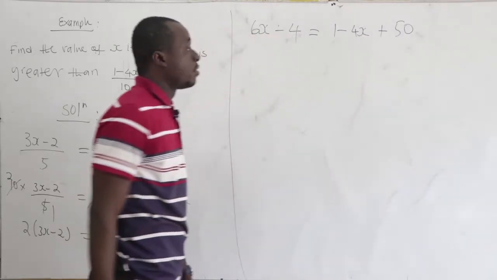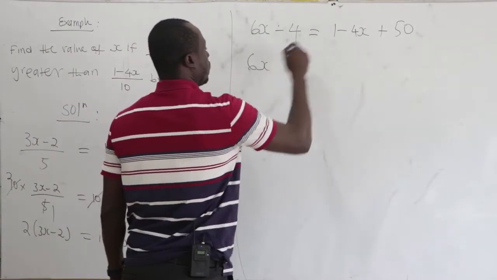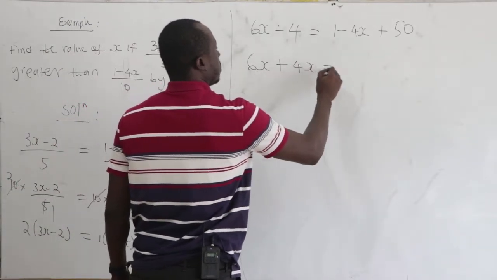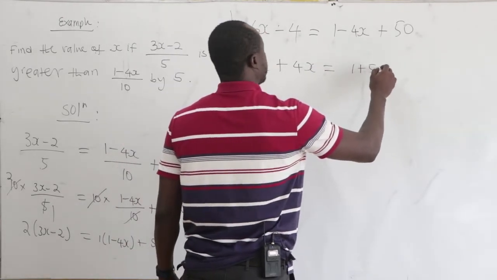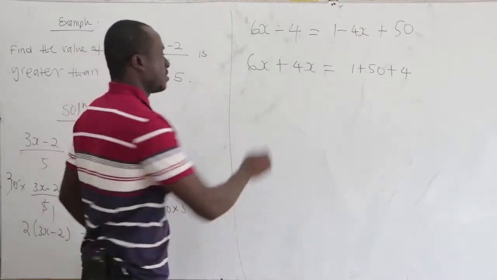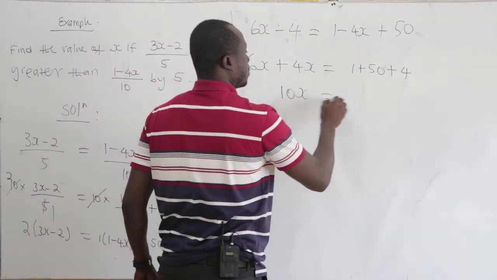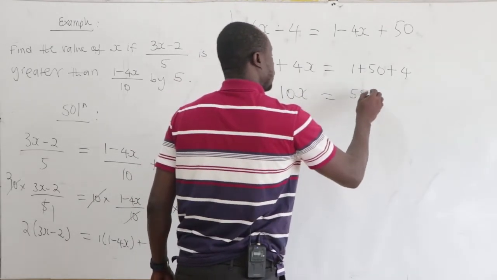From here, we group like terms. So you have 6x, this negative crossing over, plus 4x, equal to 1 plus 50 plus 4. 6x plus 4x gives us 10x. 1 plus 4 is 5, plus 50, that is 55. We want to find x.